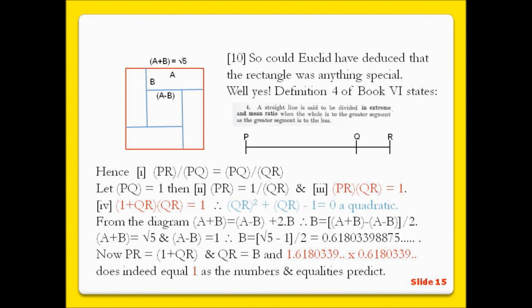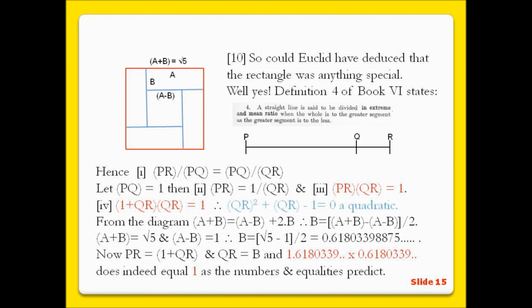From the diagram, A plus B is equal to A minus B plus 2B. Therefore, B equals A plus B minus A minus B, all divided by 2. A plus B equals root 5, and A minus B equals 1.